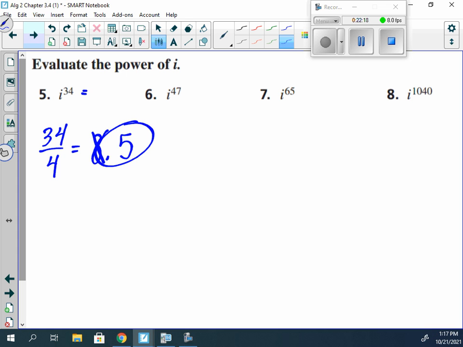It really doesn't matter, it's the 0.5, which tells us this is negative 1. And that's our answer.